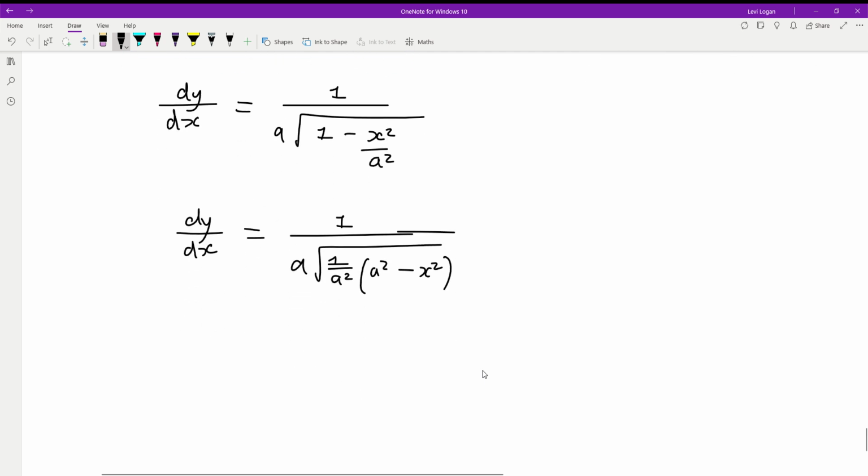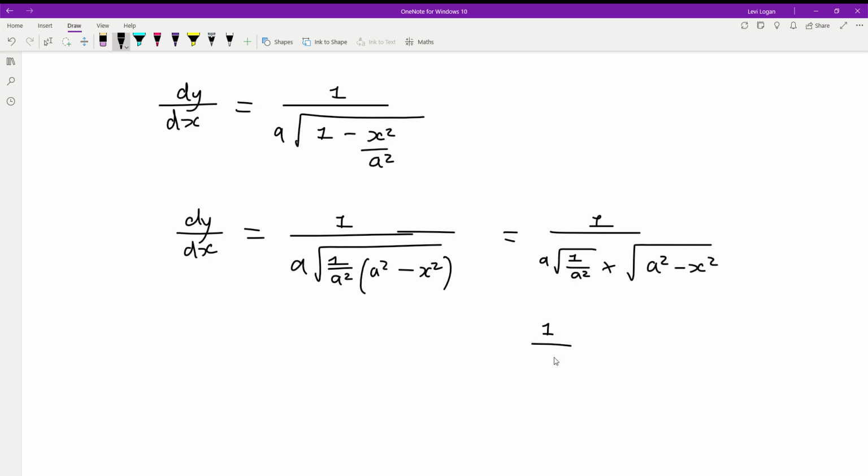Now, I can separate this. I can rewrite it as a product of two square roots: the square root of 1 on a squared times the square root of a squared minus x squared. This 1 on a squared square rooted is just going to be 1 on a. 1 on a times by a is just 1.